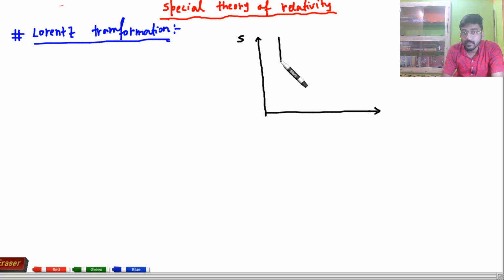And there is another frame of reference, S dash, which is moving with constant velocity v with respect to the S frame. So this S and S dash both are inertial frames of reference.